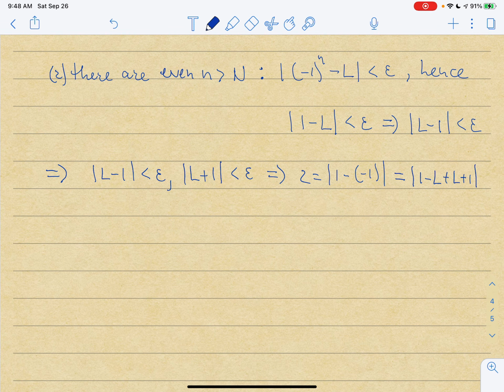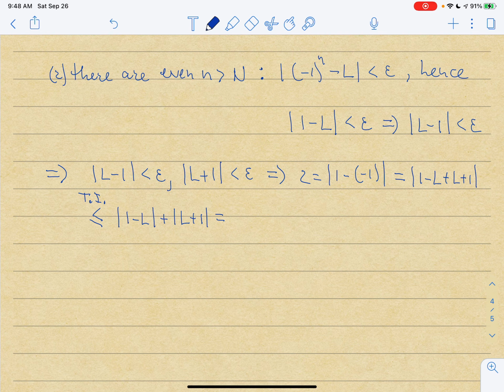But then by the triangle inequality, I'm going to get that this is less or equal than absolute value of 1 minus L plus absolute value of L plus 1. And of course, I'm free to interchange 1 and L in a difference, because when I take absolute value of the positive number or negative number is the same thing.